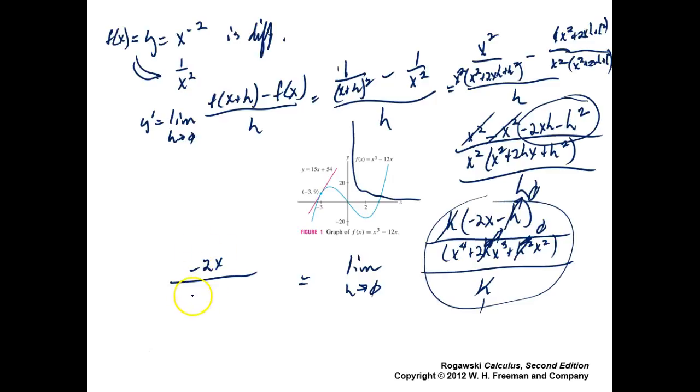So you're left with x to the 4th. And then what's that? Minus 2 over x cubed. Minus 2 is left up here.